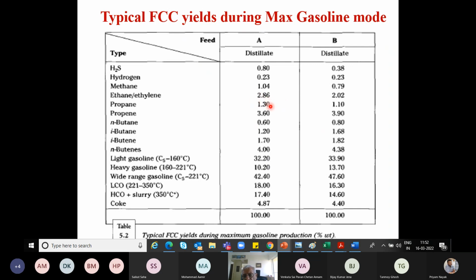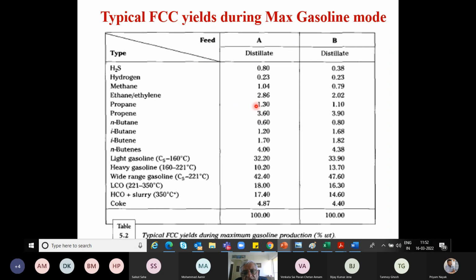In a large FCC unit like the one that we have in Reliance, Jamnagar, although this number shows 2%, in an FCC unit of capacity like 11 million tons, these numbers can be serious numbers, and therefore one can recover this ethylene in Jamnagar. We convert ethylene to polyethylene, etc.